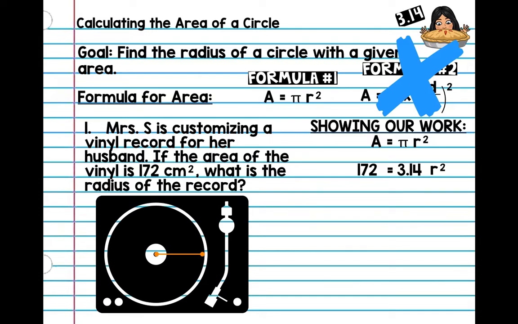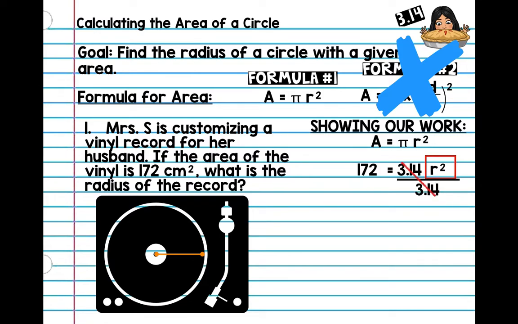So what kind of problem does this look like? With a variable, you guys remember? It looks like an algebraic equation, because we have the variable r. Just like what we learned in term 1, in order to find r, you have to isolate your variable. To get rid of 3.14, you have to do the opposite of multiply, so divide both sides by 3.14.